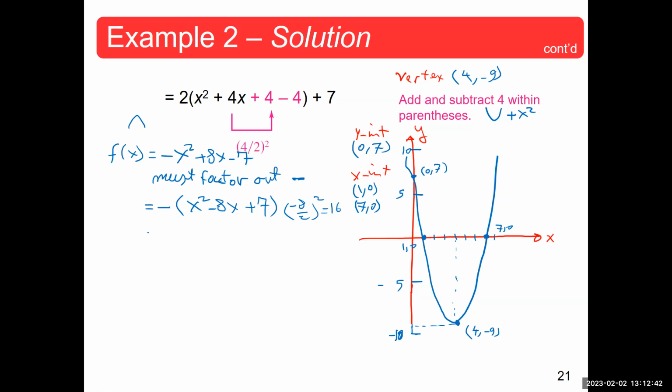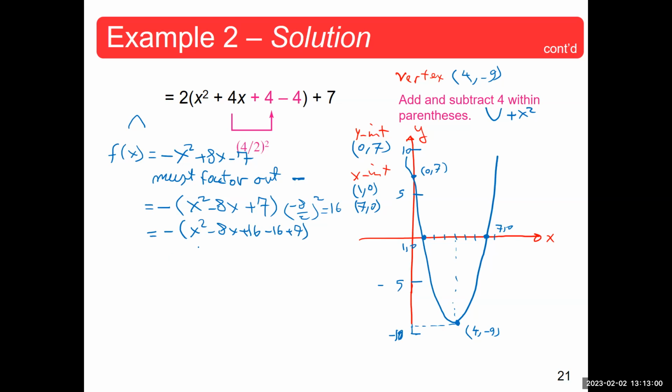All right, so negative, x squared minus 8x plus 16, minus 16 plus 7.